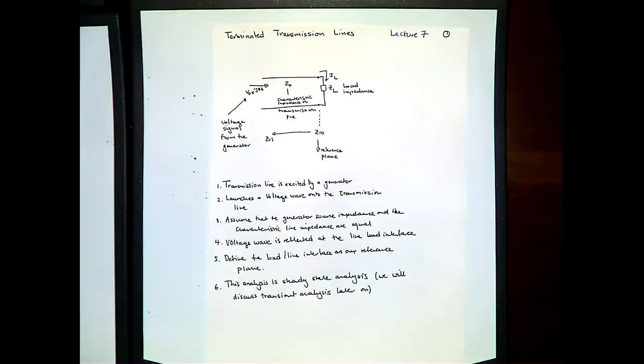What does it mean in terms of, if I've got a transmission line connected to a load and I'm looking at it at a particular distance, what does that transmission line look like, and what does that impedance look like? Okay?